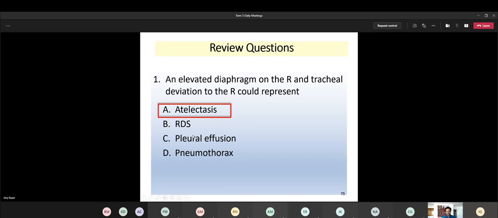And then the trachea is deviating toward the problem because, compared to the unaffected side, the pressure difference is going to be greater on the unaffected side compared to the affected side. So I used to say that this is almost like a vacuum effect. Atelectasis almost creates a vacuum where it's pulling the structures toward it, like it's pulling the trachea toward the problem.